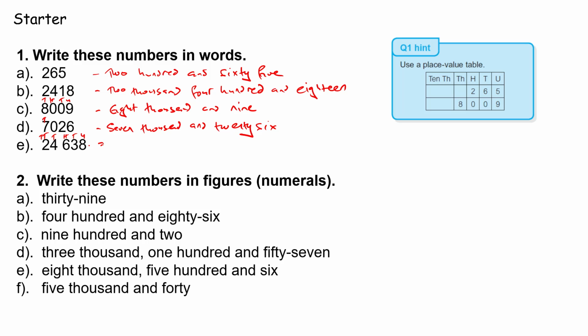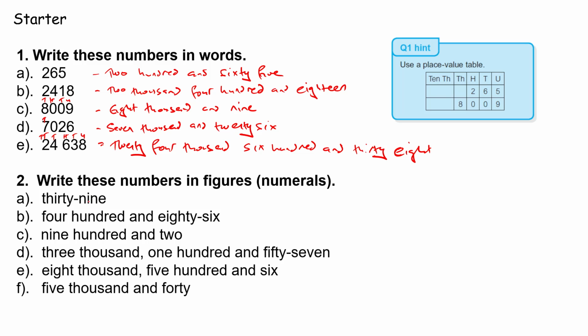So we've got tens of thousands, so it's 24,000. $638. Takes a while to write these out.